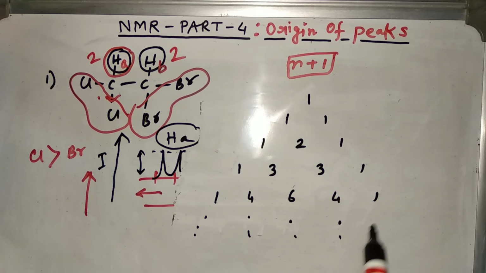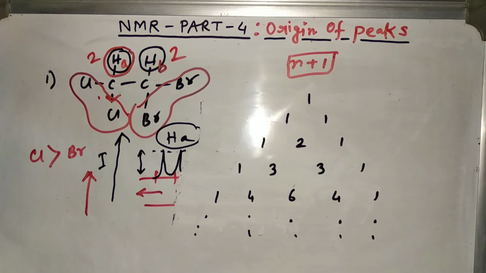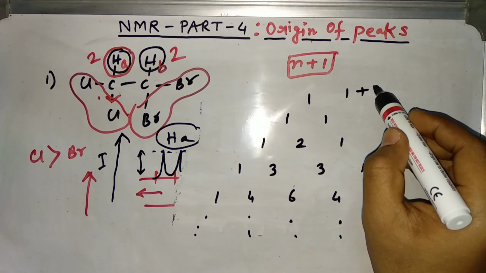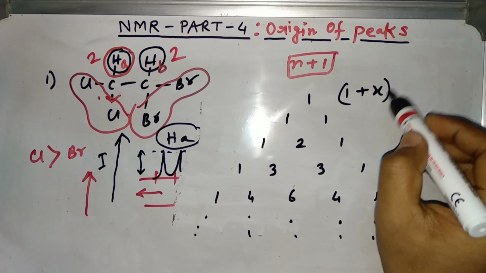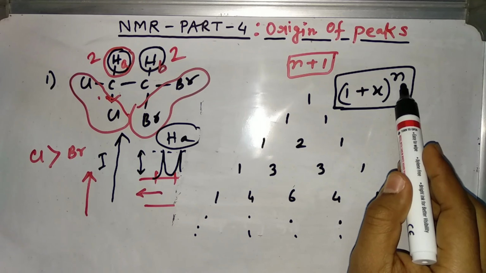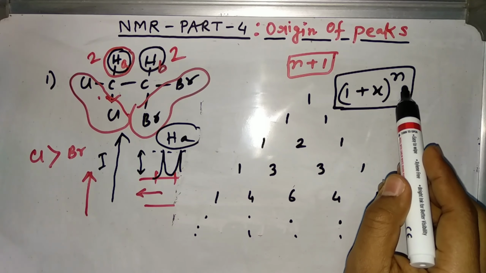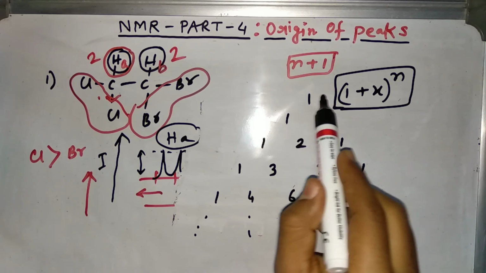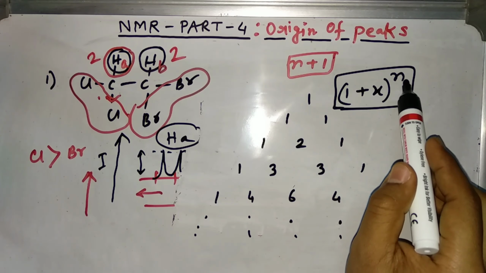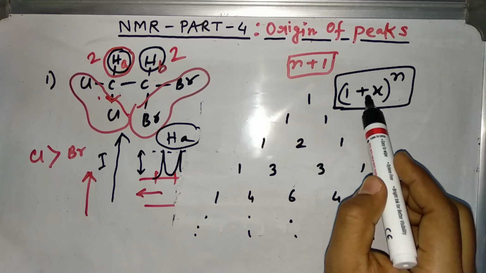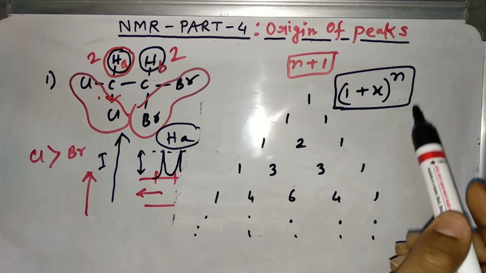It's tough to remember this table, so you can remember one formula from your school days, that is (1 + x) to the power n. Here n is the number of adjacent protons. If you put 0 over here, then you get (1 + x) to the power 0, which gives 1.